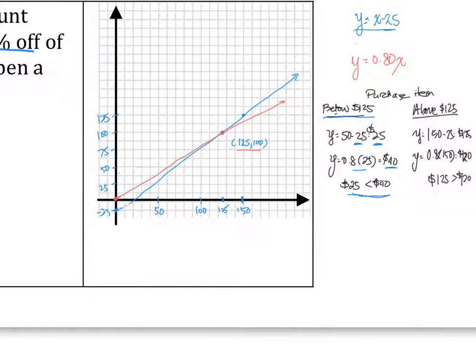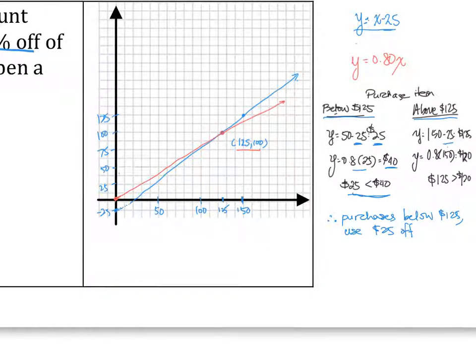Okay, so we can conclude purchases below 125 use $25 off.